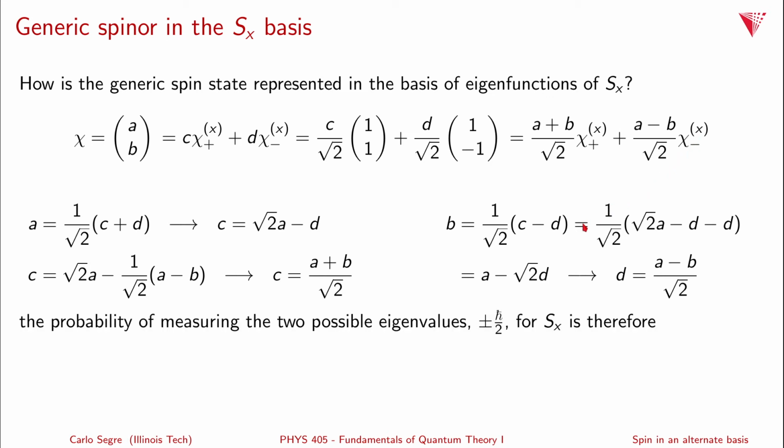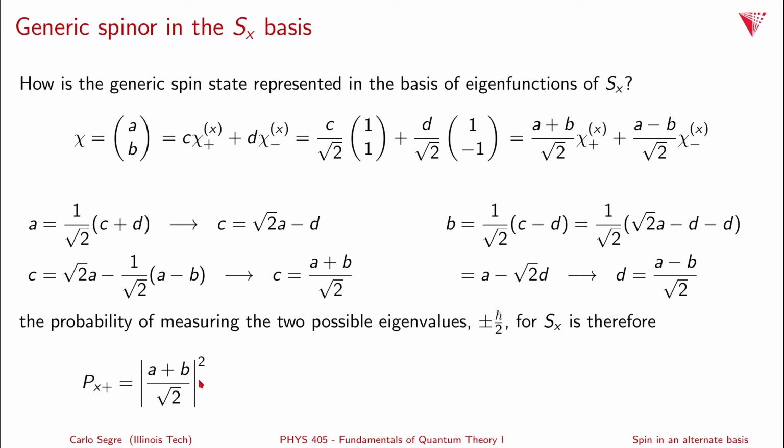The probability of measuring the two possible eigenvalues for S sub x, that is h bar over 2 plus or minus, is therefore given by just the square of each of these coefficients, because these are normalized. So P x plus would be this term here, which is a plus b over the square root of 2, modulus squared.